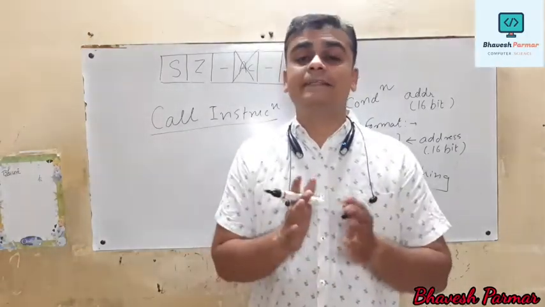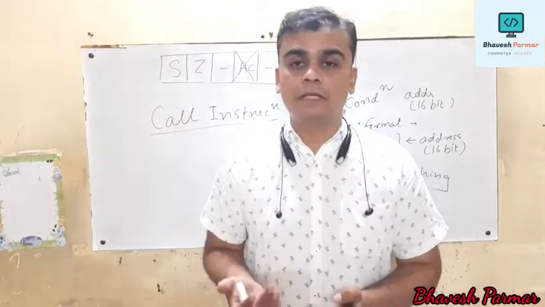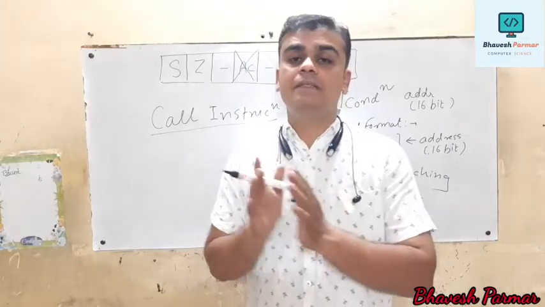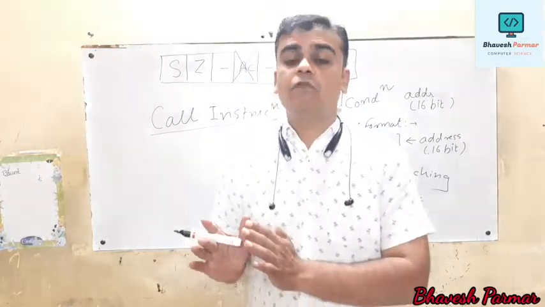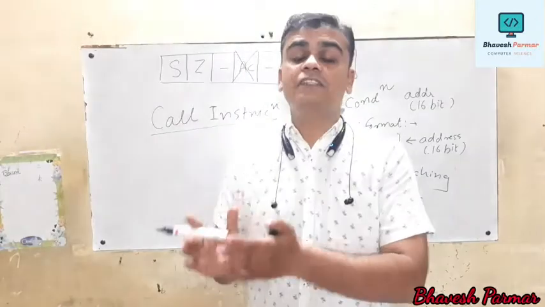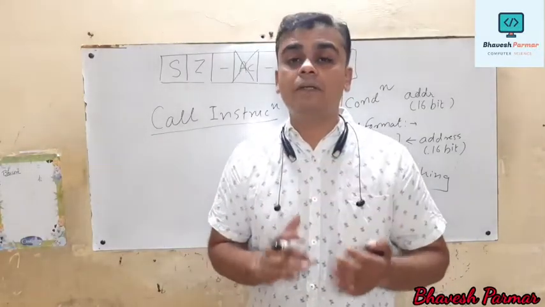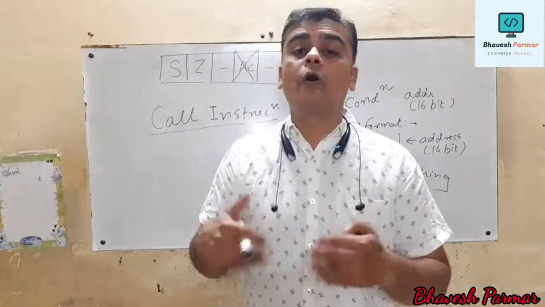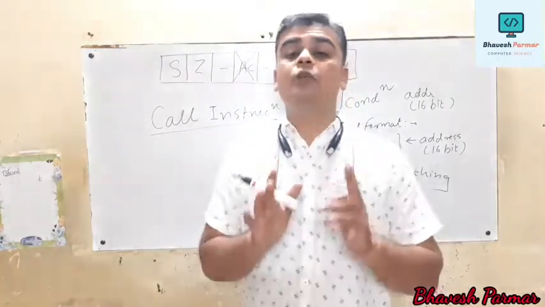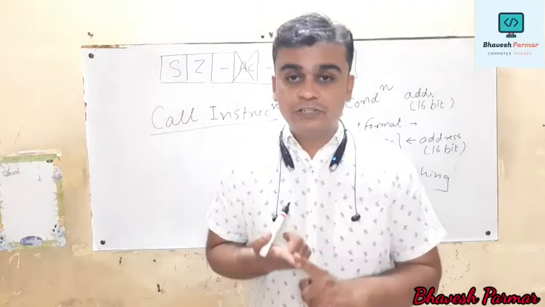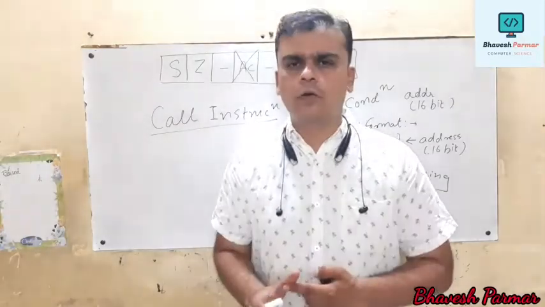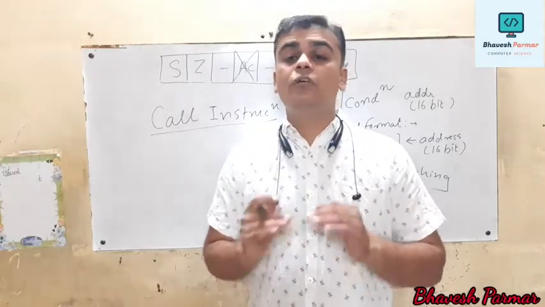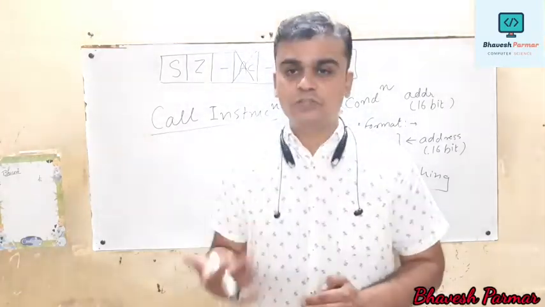If we want to execute a group of statements multiple times in the program, we write these statements in function form, and we just call that function in our program. So that's why we have to use the call instruction. Again there are 2 types of call instruction, conditional call and unconditional call. The same impact is there as with our jump instruction, meaning your program counter gets changed.